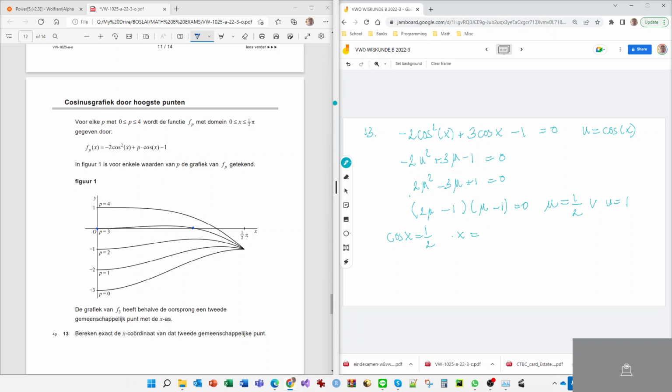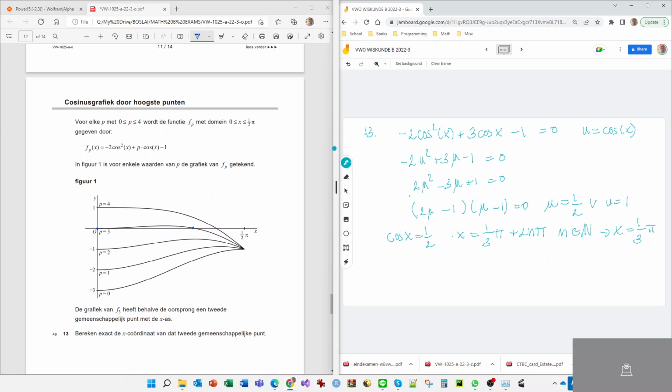So from this we get x equals, at 60 degrees, so 1/3 of pi plus 2n pi, with n any natural number. But we are in this domain, so n is 0, so we just have x is 1/3 pi.